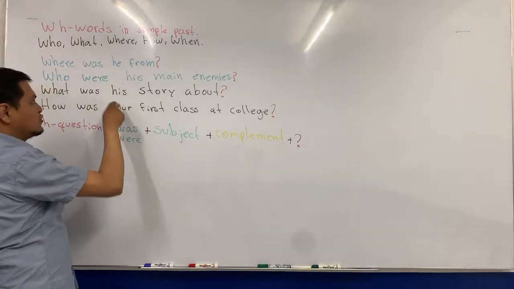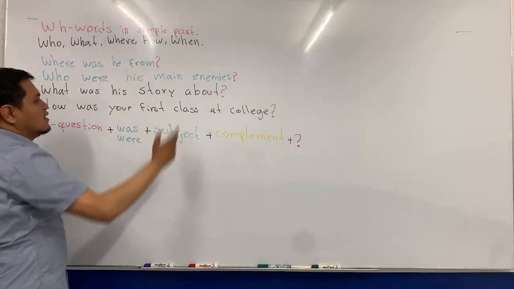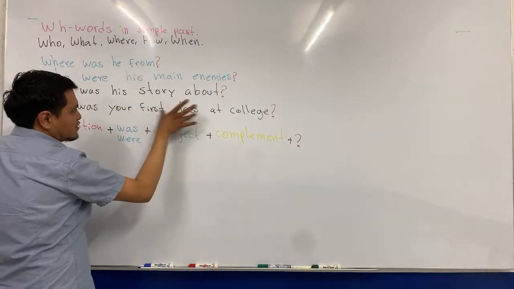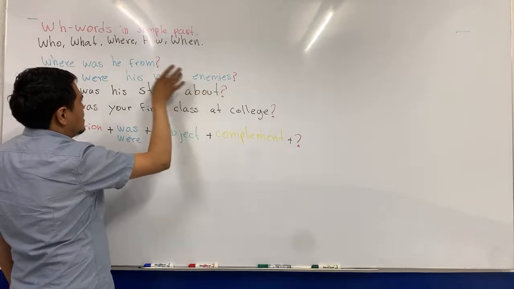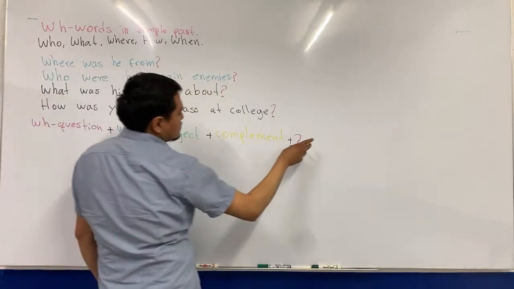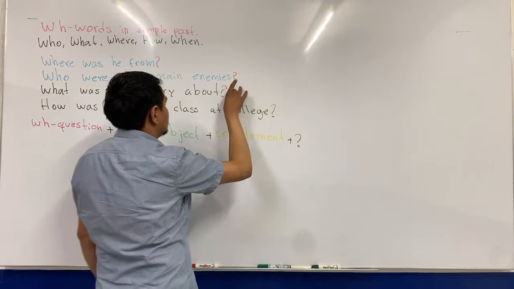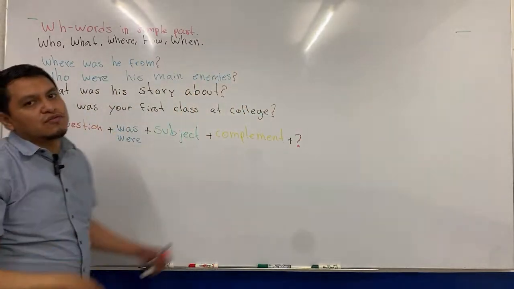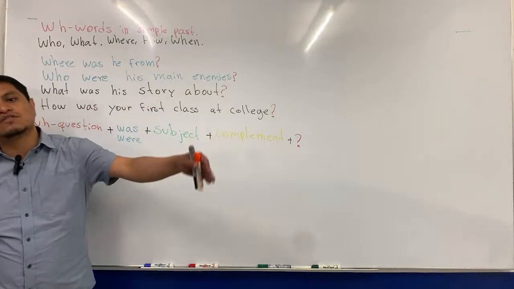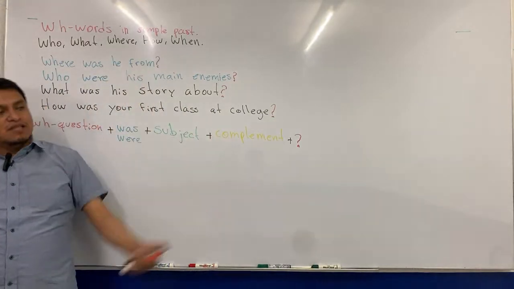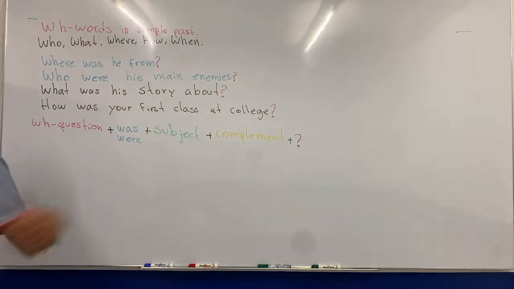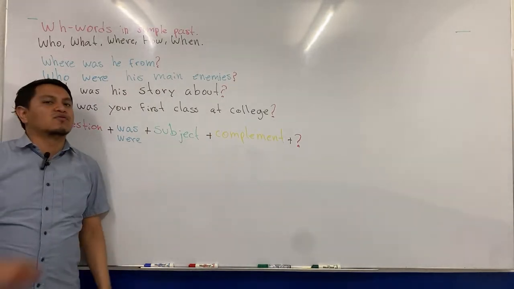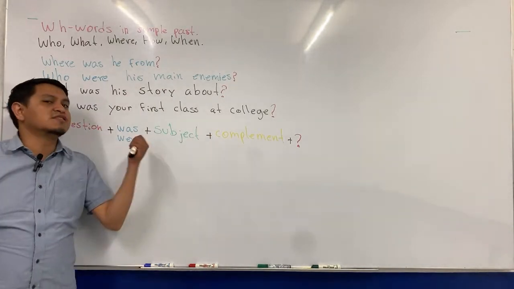Subject: your, his, he. Complement: first class, about, main enemies, from, and question mark. Right? This is the structure for the WH questions in the past. Please take a photo or a screenshot or write down in your notebooks all this knowledge.